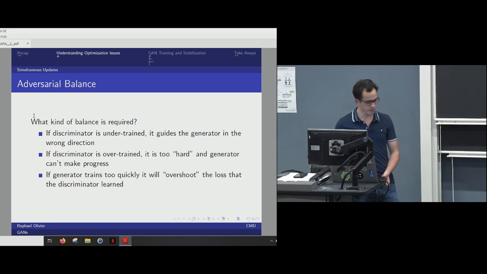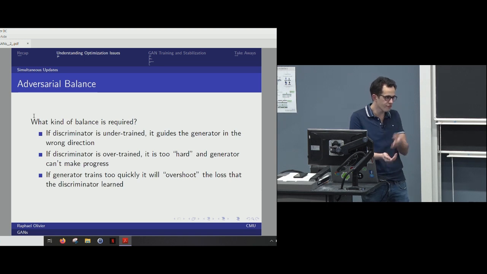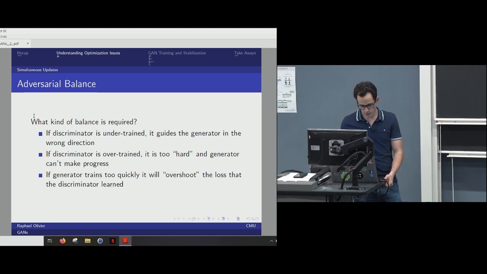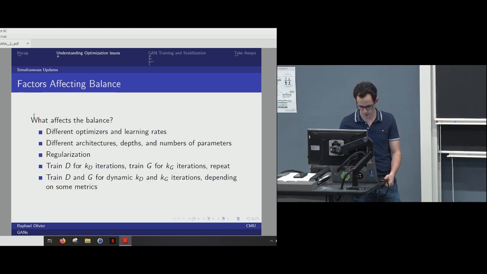But if your discriminator is not good enough, it's not going to give any useful feedback to the generator. If your discriminator is too good, at a high level you can say it becomes too hard. It's just going to say that everything the generator does is garbage, and so the feedback in terms of gradients is not going to be very useful for you. So you have a lot of problems like that. As for what affects the balance, well, there's pretty much everything.